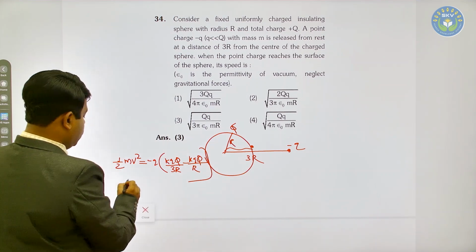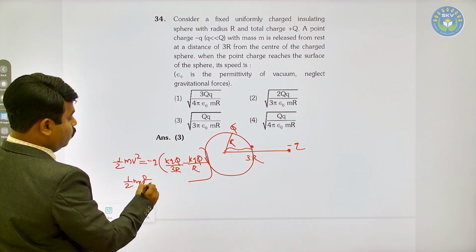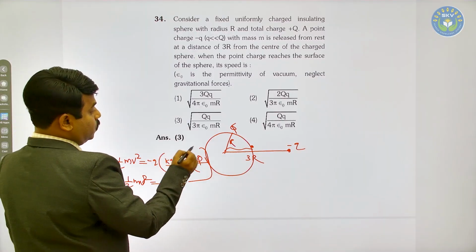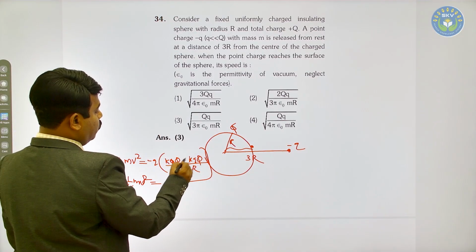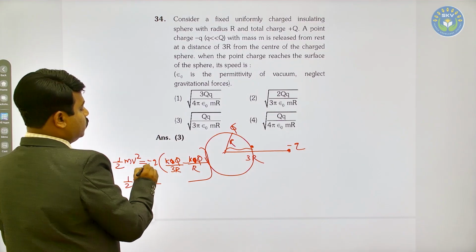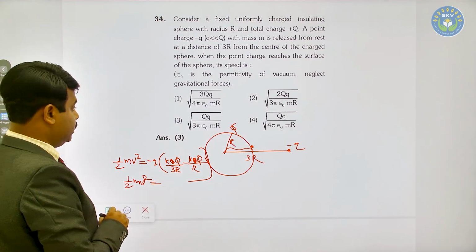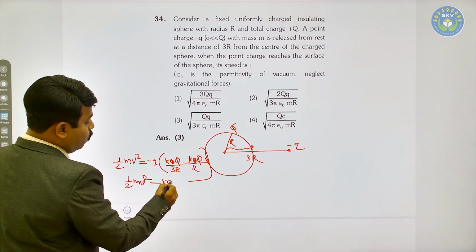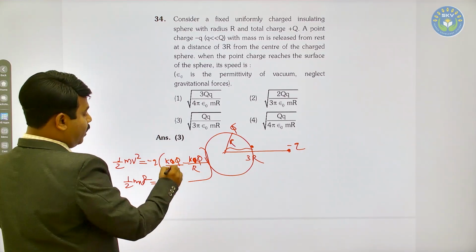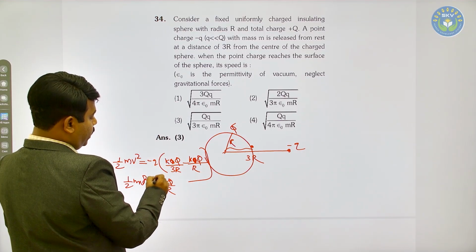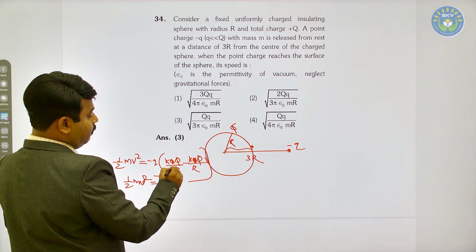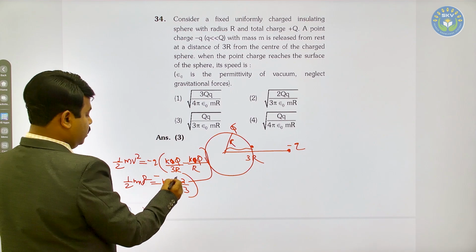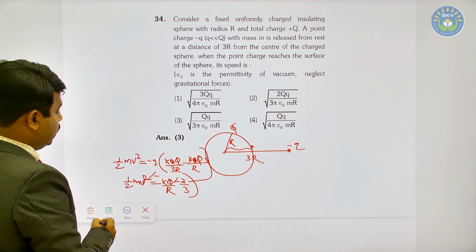Now, half mv square is equal to the potential difference, so we do not need this small charge, the charge value is already given, so we took out minus q from the moving charge. Now kQ by R into (1 by 3 minus 1), that is minus 2 by 3, right?